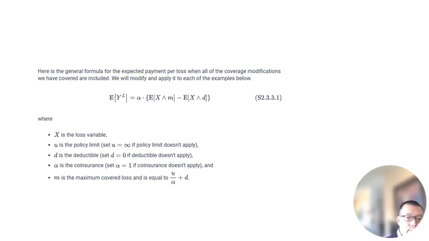If a policy has U, the policy limit, D the deductible, alpha the coinsurance, and M the maximum covered loss, then M will be equal to U divided by alpha plus D. So this is the formula.